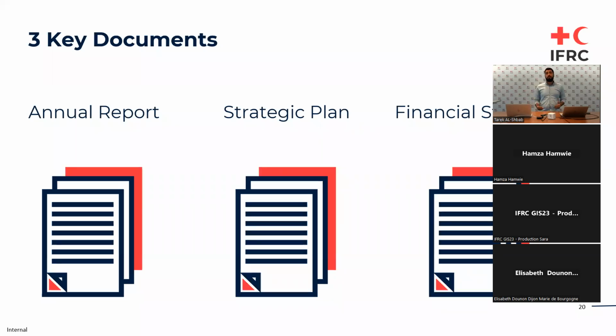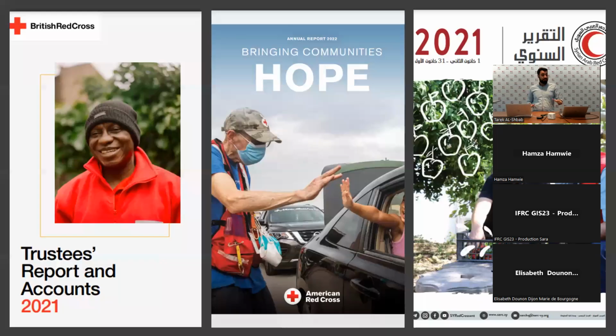We already collect from each National Society three important documents annually: the annual report, strategic plan, and financial statement. Sometimes these documents are 15 or 18 pages, with a lot of information, a lot of great stories and activities, and a lot of insight and data, but they are presented as PDF files in an unstructured way.